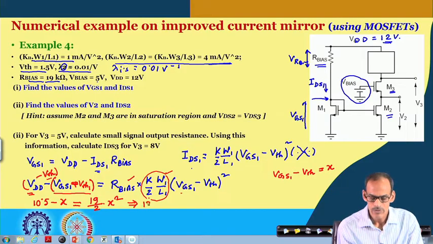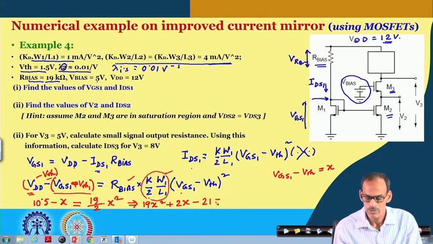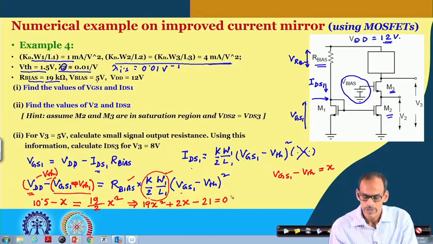We can write it in the form of 19x² + 2x − 21 = 0. That gives us the solution x = (−2 + √(4 + 4×21×19)) / (2×19).